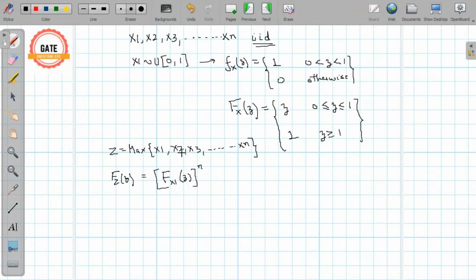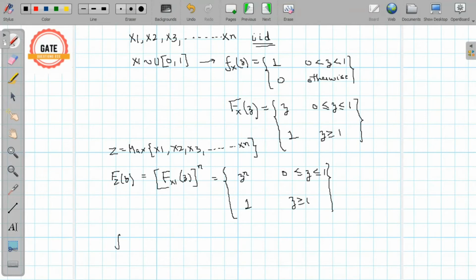We can choose any marginal CDF of these n random variables; here I have chosen the CDF of X1. From this expression, we find this will be equal to z raised to power n for the range 0 to 1, and 1 raised to power n, which is again 1, for z greater than or equal to 1.